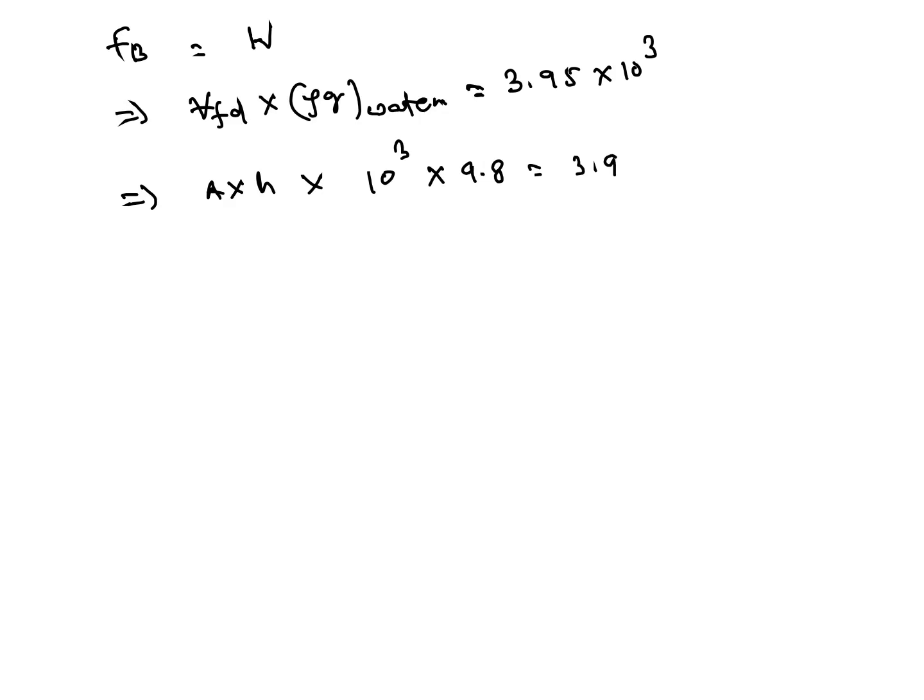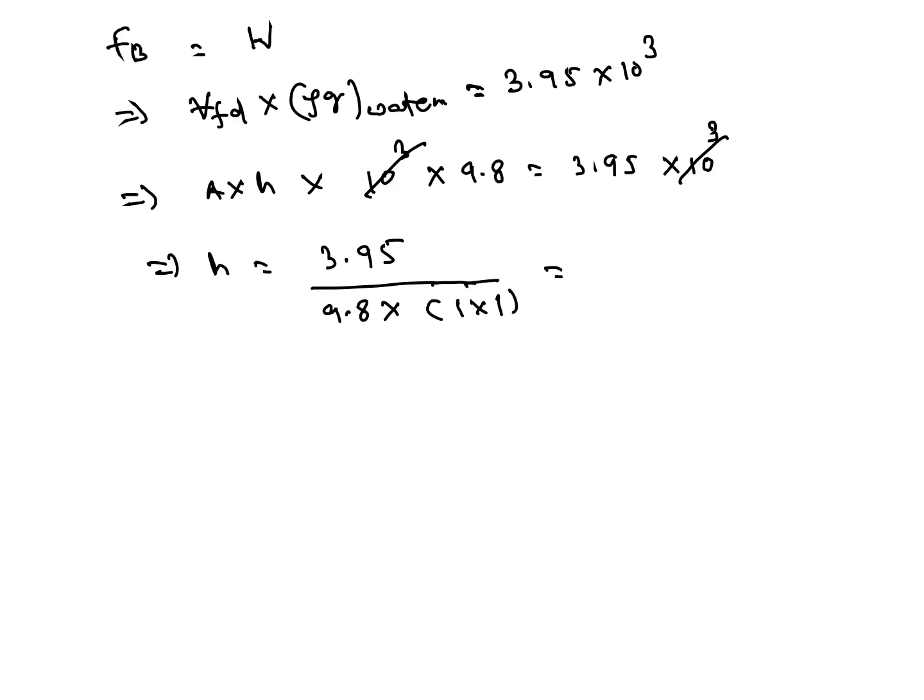H equal to 3.95 divided by 9.8 into area, which is 1 cross 1. So H equal to 395 by 100 into 10 by 98, that is 395 by 980.